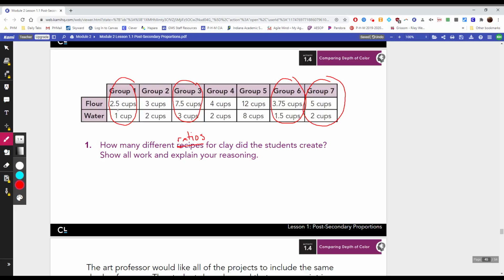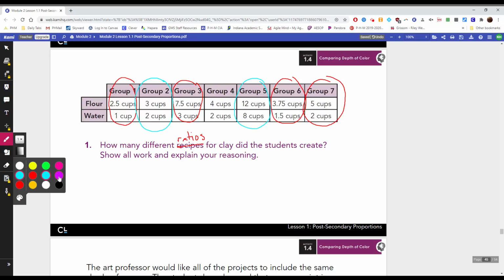So there's one recipe. Another recipe is represented by group 2 and group 5. Both of those recipes simplify to 3 cups of flour to 2 cups of water, or 1.5 cups of flour to 1 cup of water.